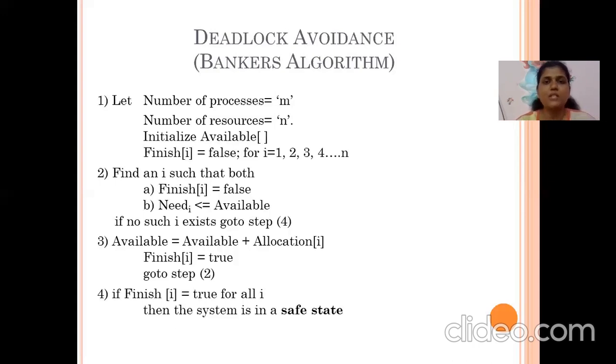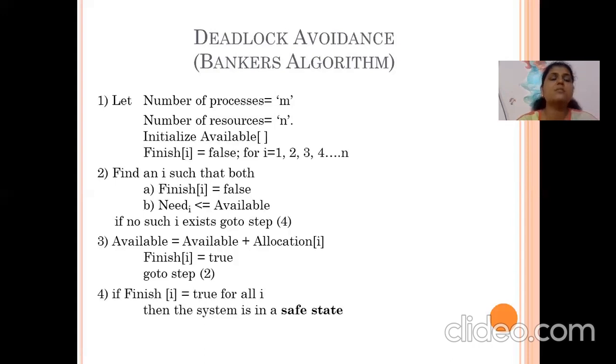Available is equal to the previous value of available plus allocation. Allocation means whatever resources are there with the process P of I. All those resources it will release and they will be added to available resources. And then finish of I is made true, indicating that its execution is over.